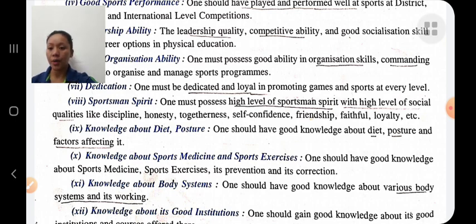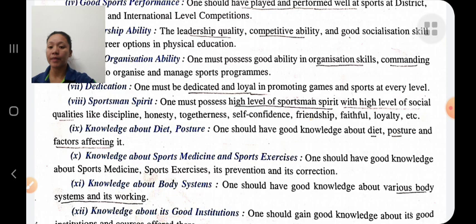Knowledge about diet, postures, and physical education. In physical education, you should have knowledge about the diet, proper postures, etc. and the factors affecting them.